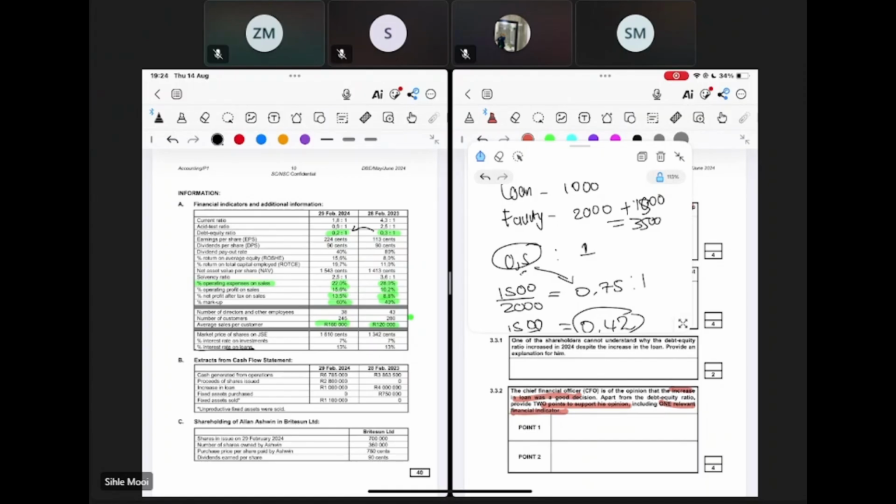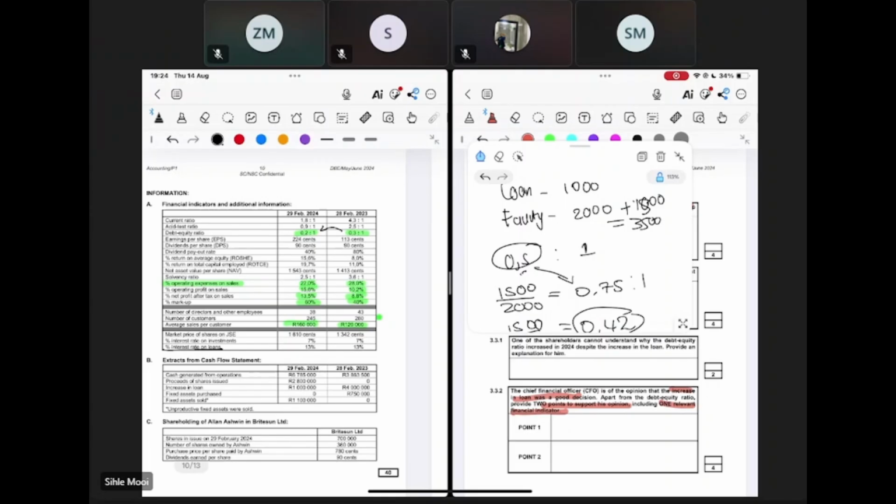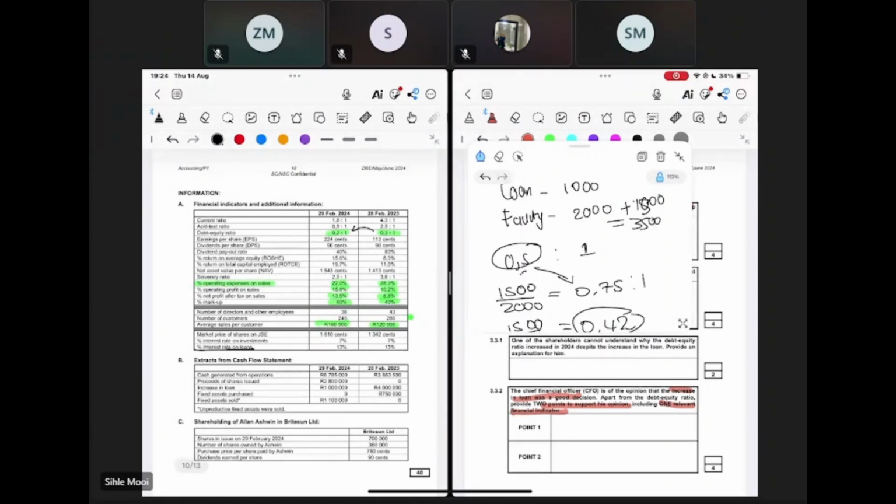Interest on loan 13%. Let's see. Is there anything else on the loan? Okay, so our interest on loan stayed the same, but what else do we have?